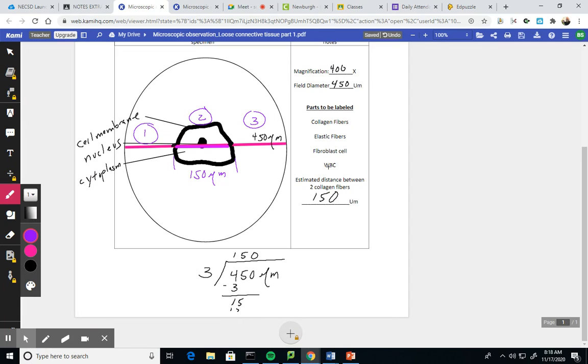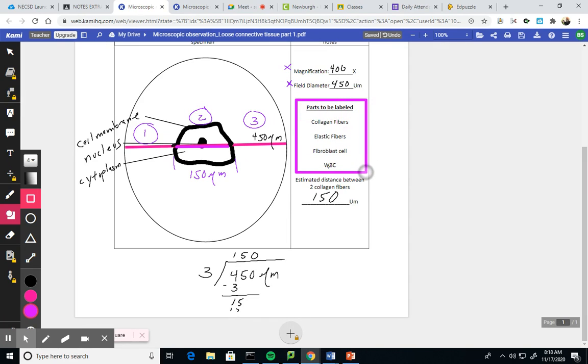But what I want you guys to understand is that not only do we draw it, we have to fill in this information. This information is given. We can't forget we have to label these parts. And I like when labeling the parts to use the line function in CAMI.